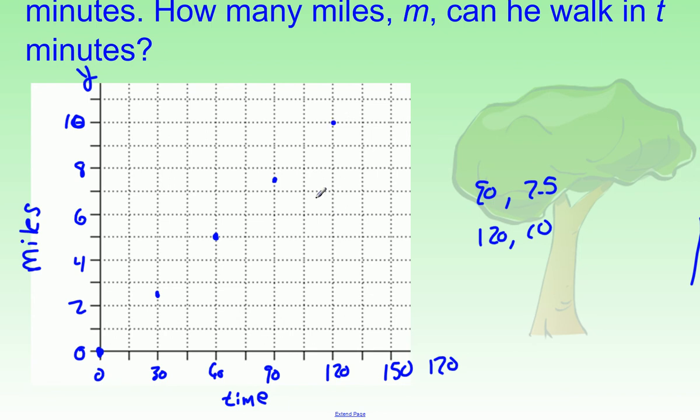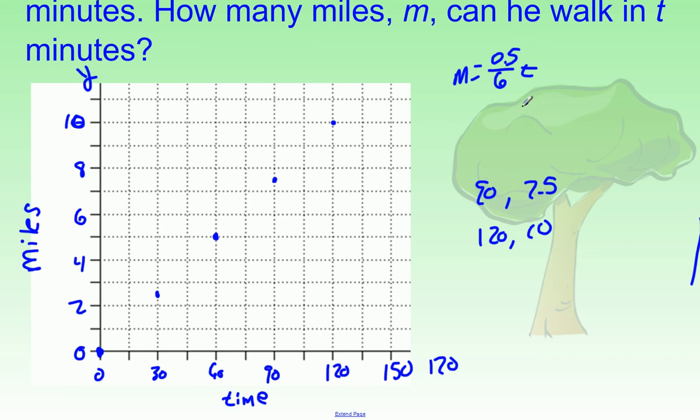And we can see again that this makes a line. If I use my line tool, there we go. It goes right through all of them. Nice perfect straight line every time. And just as before, if I picked values that weren't just 30, 60, 90, if I picked in-between numbers, they would still fall along this line because the relationship was miles equals 0.5 over 6 t.